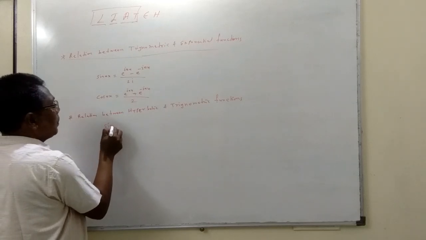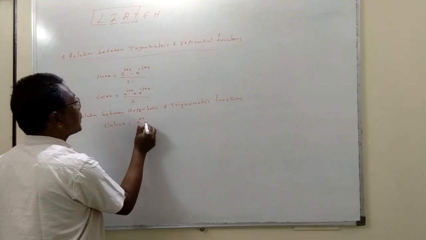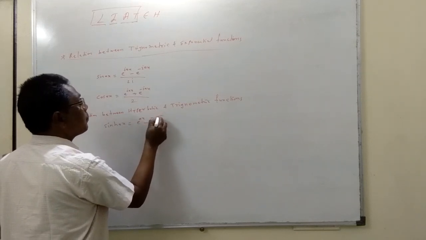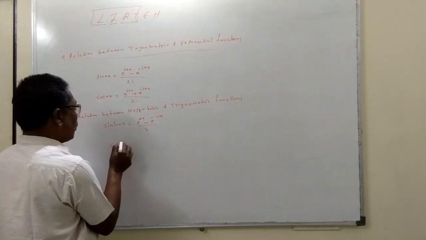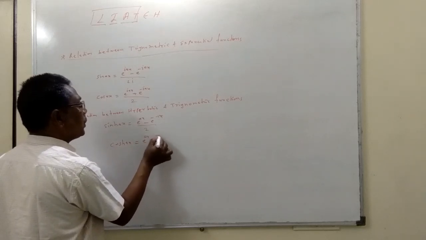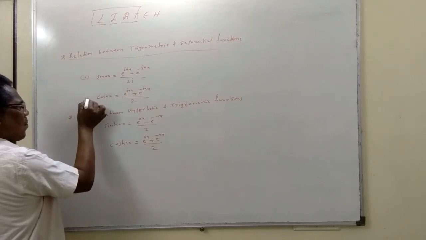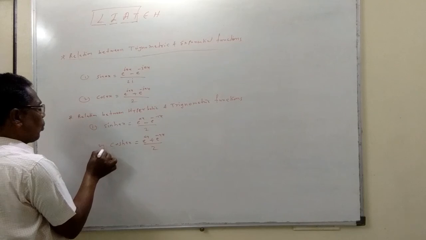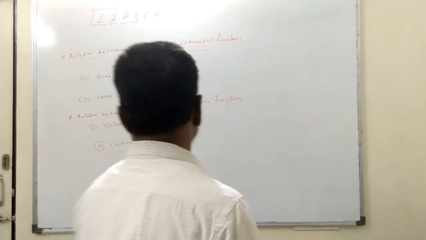So sinh ax is e raised to ax minus e raised to minus ax divided by 2. Cosh ax is equal to e raised to ax plus e raised to minus ax divided by 2. These four formulas are very important in engineering mathematics.